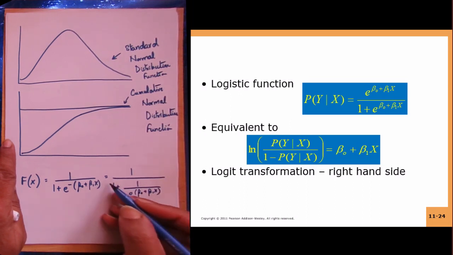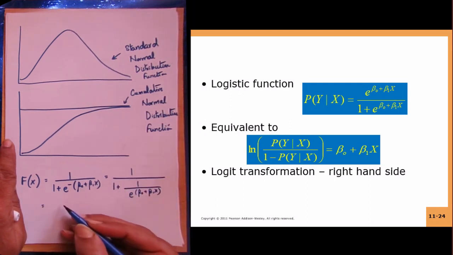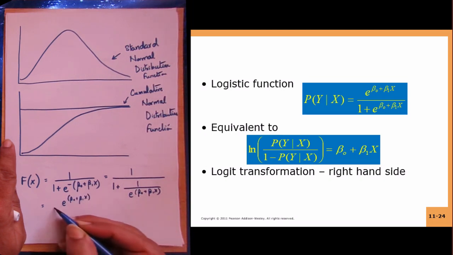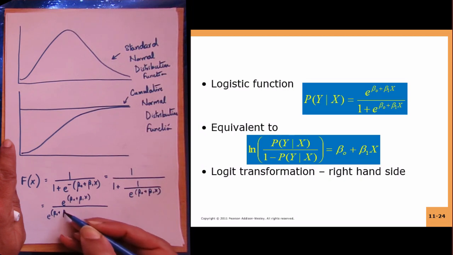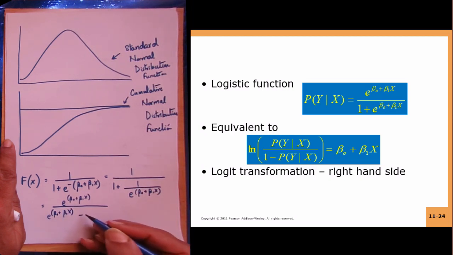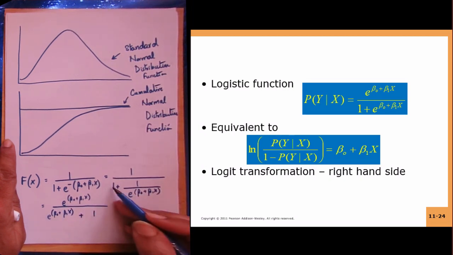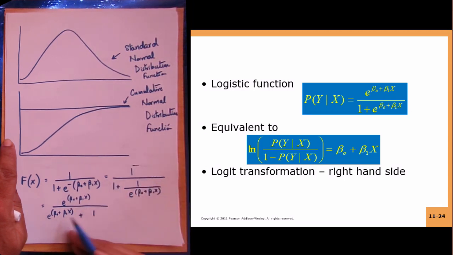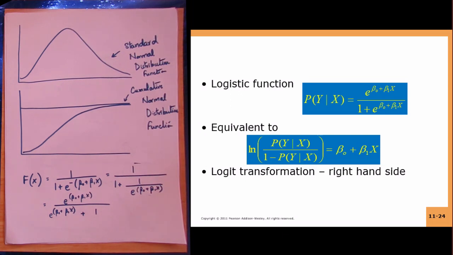So you multiply this through and you get e to the power of (beta 0 plus beta 1x) divided by e to the power of (beta 0 plus beta 1x) plus 1. You just multiply through, and since the denominator's term goes to the numerator, you will have the functional form like this, which is what is shown here.